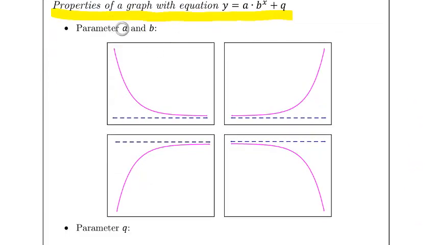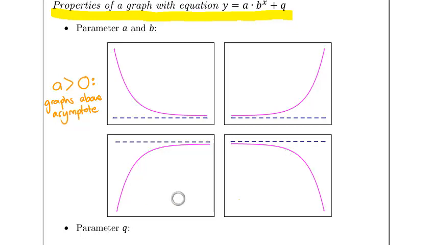What can we expect? Well, when a is greater than naught, that is when we will get graphs that live above the asymptote, like that.